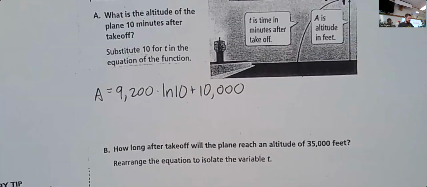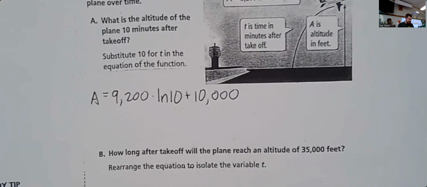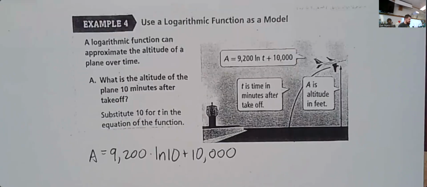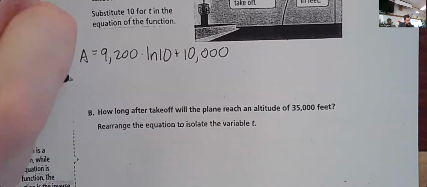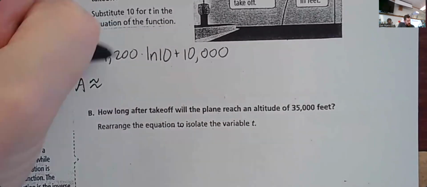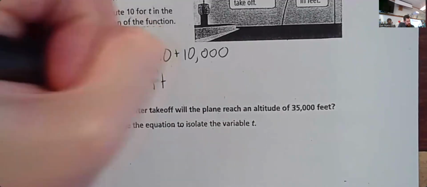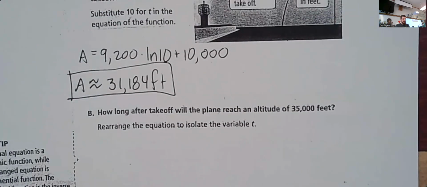So let's go ahead and say A equals, it's not really giving us a value to use. So let's just round to the nearest whole number. So let's say A is approximately 31,184 feet. So 10 minutes after takeoff, that's about where it is.